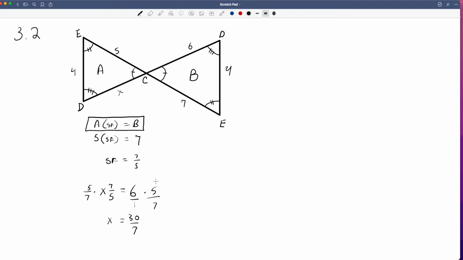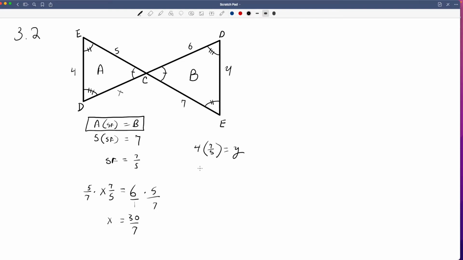All right, so let's do the same thing for y. So y is DE on triangle B, and 4 is DE on triangle A. So for A here, I've got 4 times a scale factor of 7 over 5 is equal to DE, which is y.